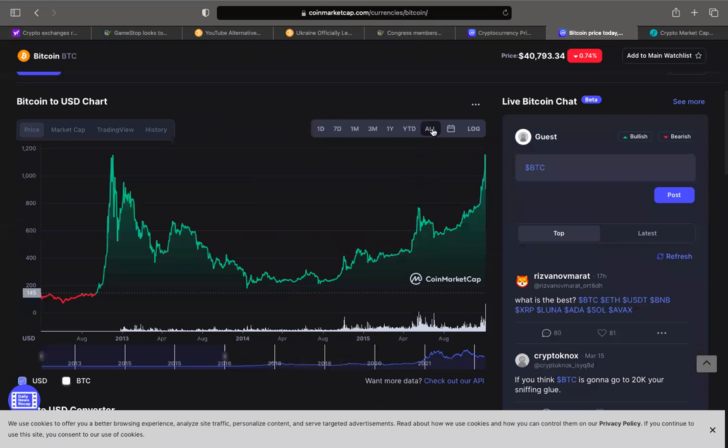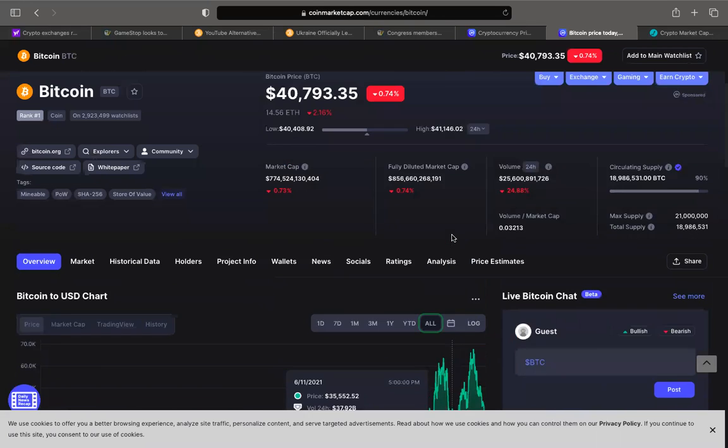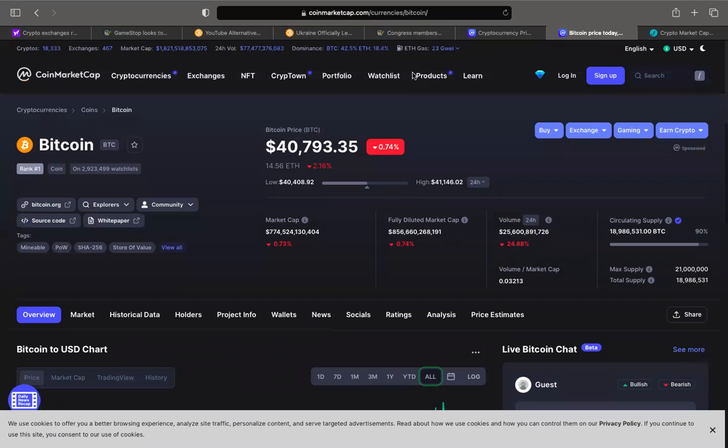It's definitely not crashing to zero, and it's becoming even more adopted. Biden came out asking for regulation. There are some other countries that I'm going to talk about in some of my articles today that talked about regulation and part of legalizing crypto.